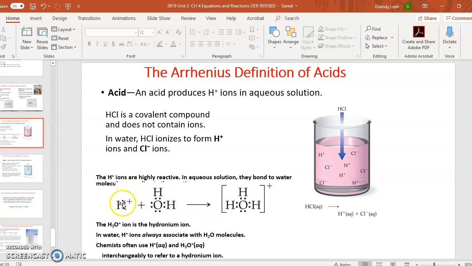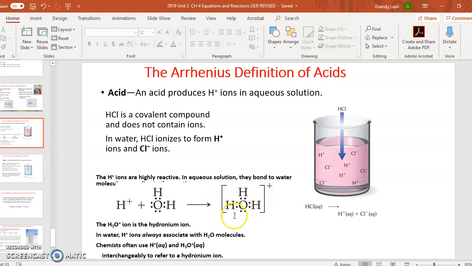Then when HCl is added to water and these hydrogen ions form, these H+ ions are going to be attracted to the negative part right here. You see that happening where H+ comes along and bonds in here. We've got this extra plus here because this brings with it a proton, right? It's in column 1, its atomic number is 1.